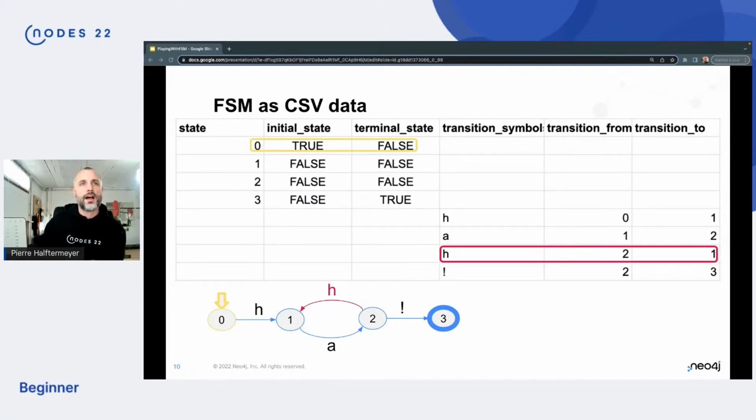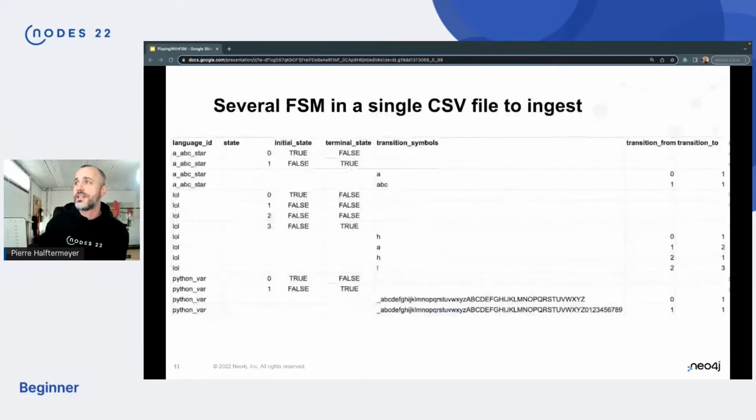So when I have it in a CSV, I can ingest it. I also can ingest several automata in a single CSV file. Here I have 3 languages: the ABC star language, the LOL language we have seen, and the Python var language.